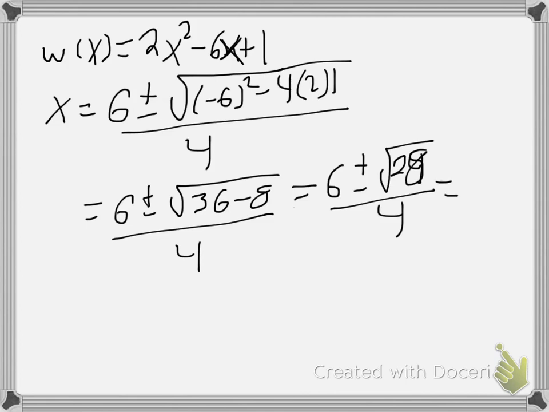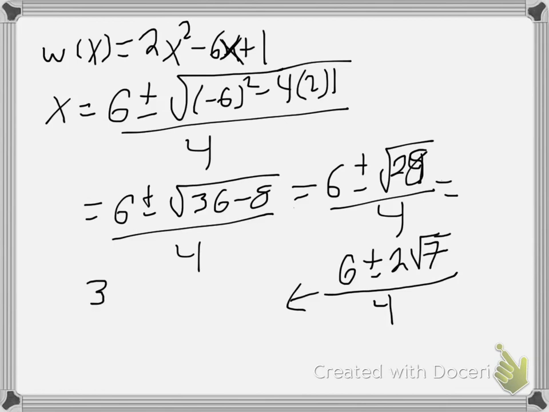So that gives me 6 plus or minus 2 root 7. If you're not sure how I got that, talk to me. Okay? Divided by 4. Okay? So that means that all of this can be simplified to 3 over 2 plus or minus the square root of 7 over 2. Okay?